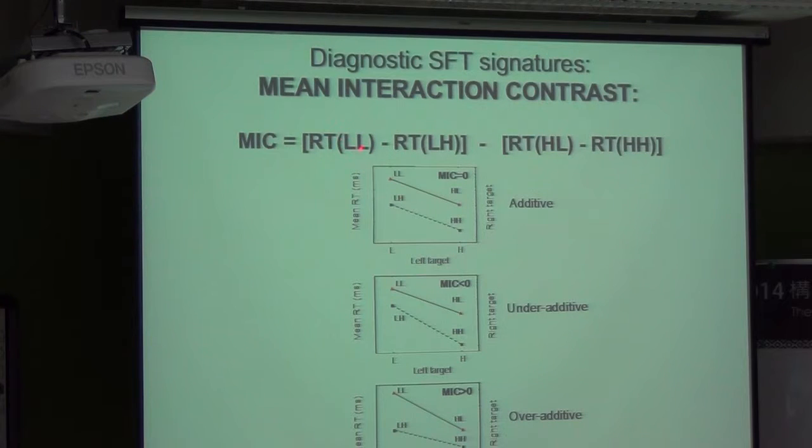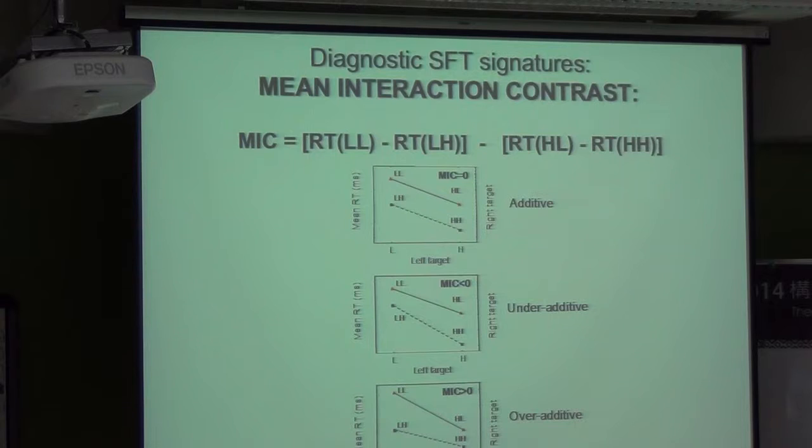And then this is the first, and the second one indicates, in this particular case, maybe a facial feature. Is it the first facial feature or the second facial feature? First process, second process. In this case, both processes are low salience. In this case, the first one was low, and the second one was high salience. And what we find is the mean interaction contrast, which is pretty much identical to what we use to test ANOVA interaction significance.